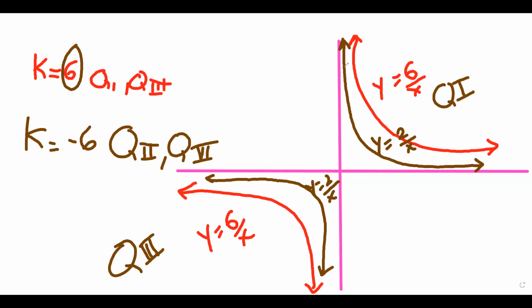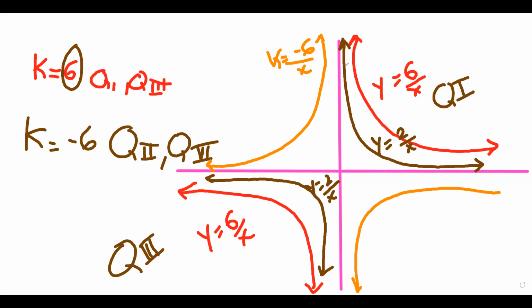I mean, it's like this. So if k is -6, it will be in quadrant 2 and quadrant 4. So here it is -6 over x. And after you do it here, it must also be in quadrant 4. So here it is -6 over x.